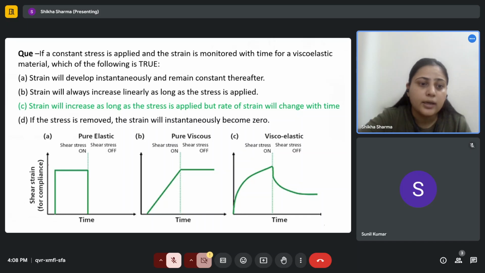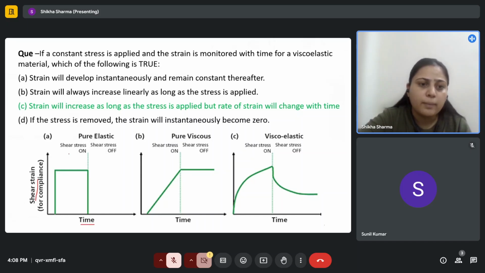When we plot the shear strain versus time, as per the question, we are applying the stress and need to monitor the strain with respect to time. So the y-axis is shear strain. We are monitoring strain with respect to time.